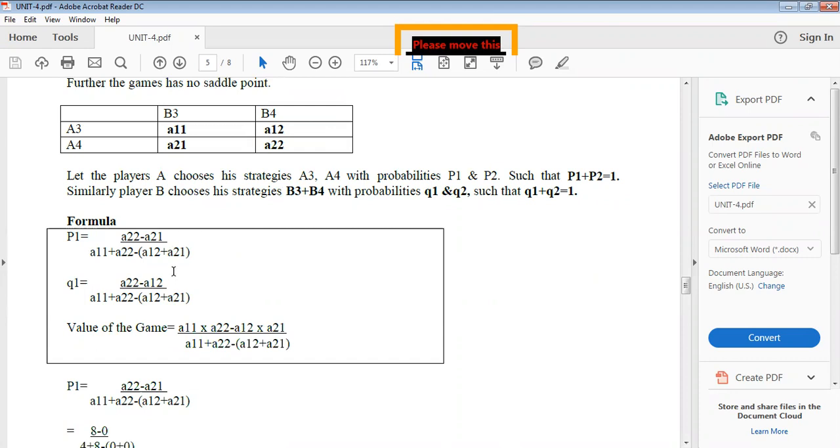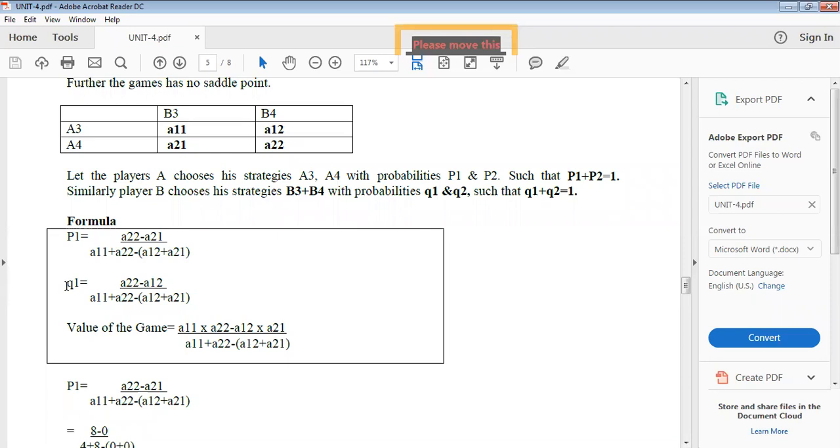So P1 is equal to A22 minus A21 divided by A11 plus A22 minus A12 plus A21, like that.